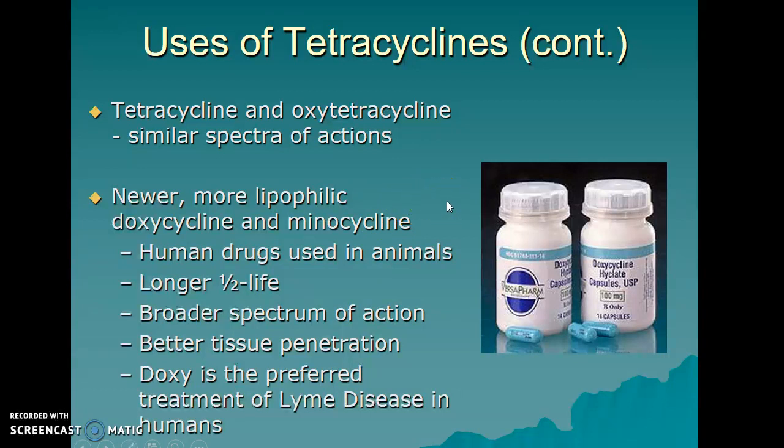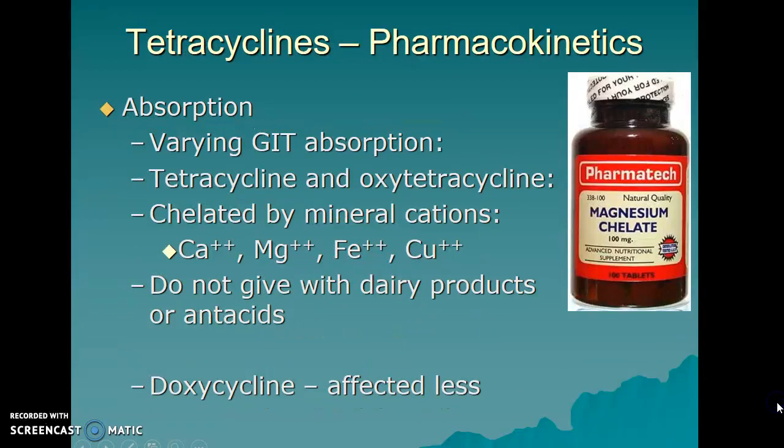That means they can go into a lot of different tissues. They have a longer half-life. They are human drugs that we use in animals, but they have just been shown to be superior to the older tetracyclines. And doxycycline is the preferred treatment for Lyme disease in humans, and we also use it in animals.